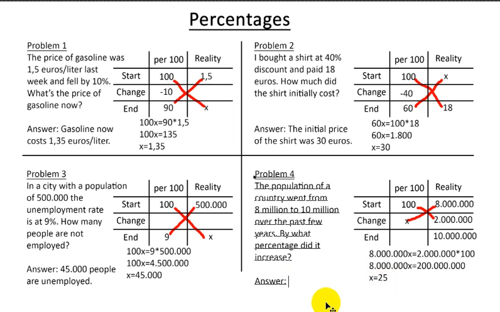So my answer should be that the population increased by 25%. Let's actually fix this. Perfect.